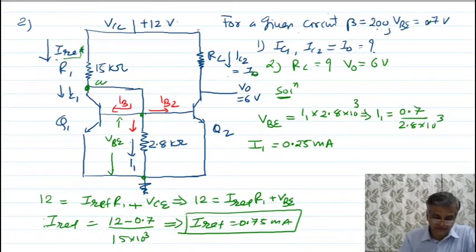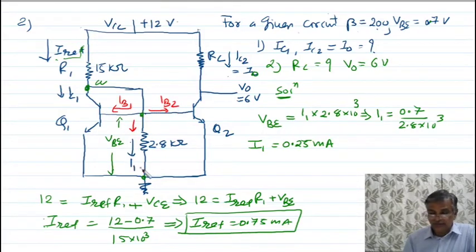So again, I reference is equal to IC1 plus IB1 plus IB2 plus I1.